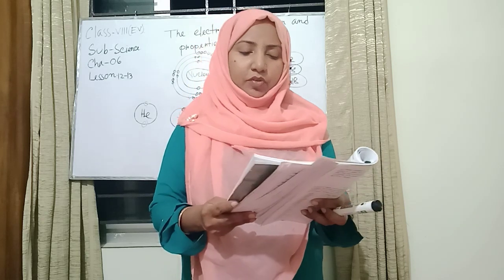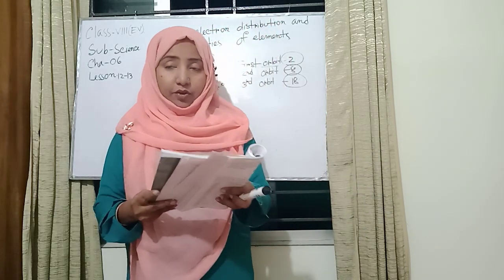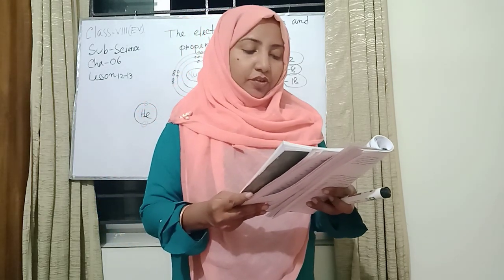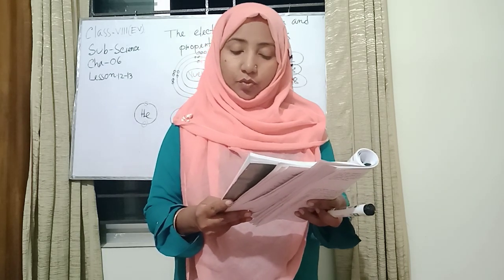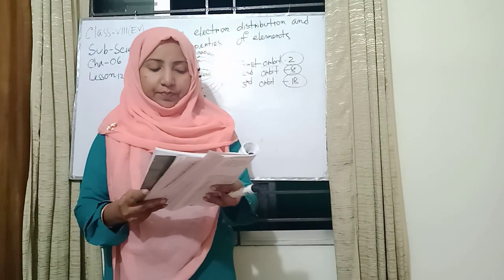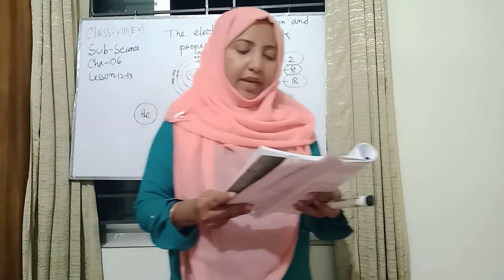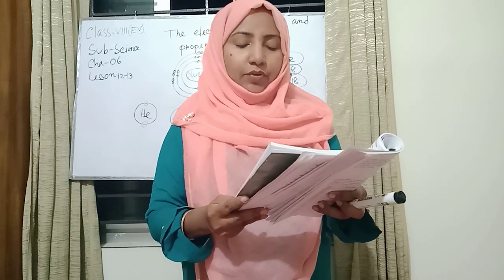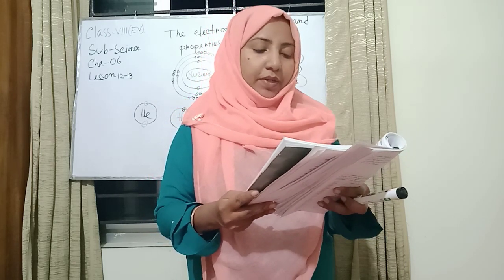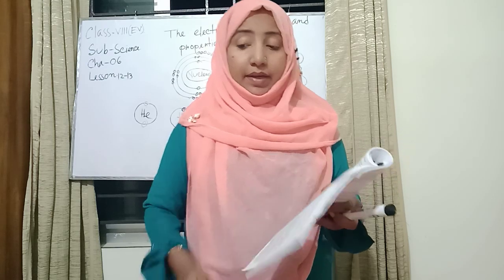For example, consider the case of the sodium atom. It has 2 electrons in the first orbit, 8 electrons in the second orbit, and 1 electron in the third orbit. If the sodium atom can lose the single electron in the third orbit, its outermost second orbit becomes full and the atom will become stable.